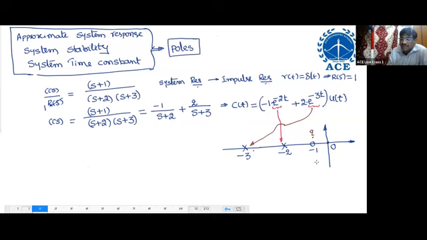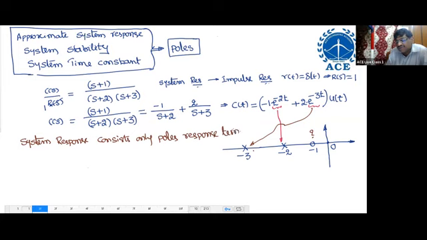So what is the conclusion here? For system response, consider only poles, because the system response consists of only pole response terms.